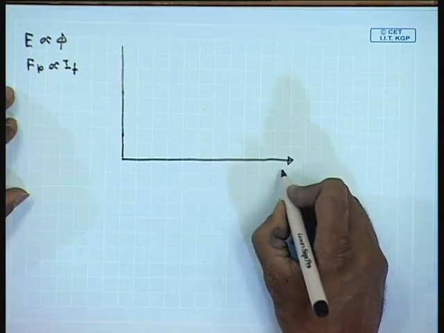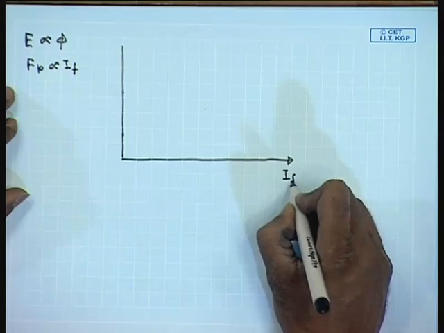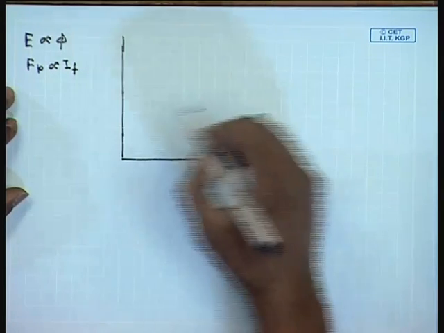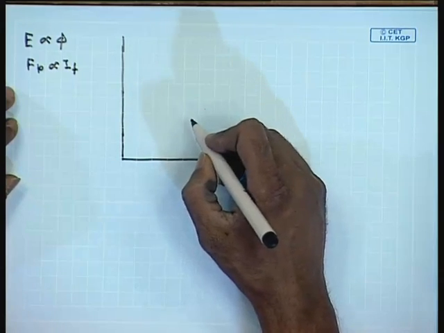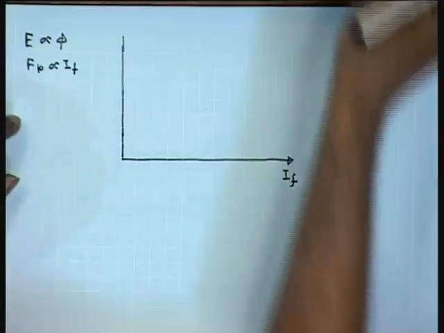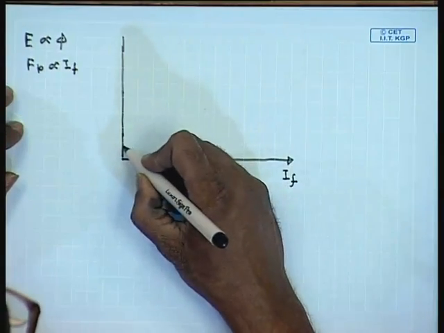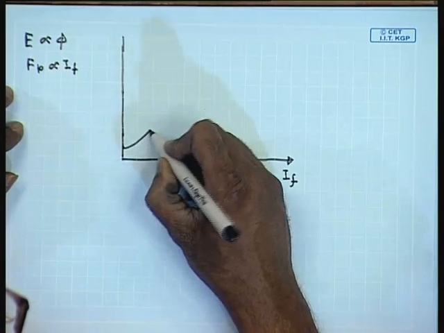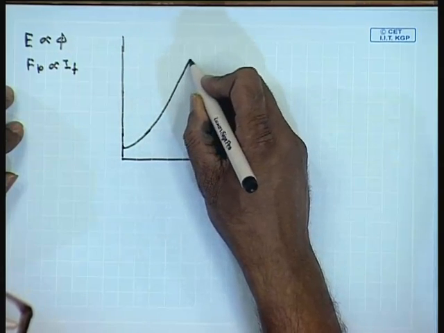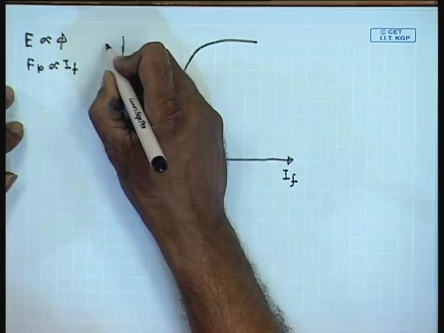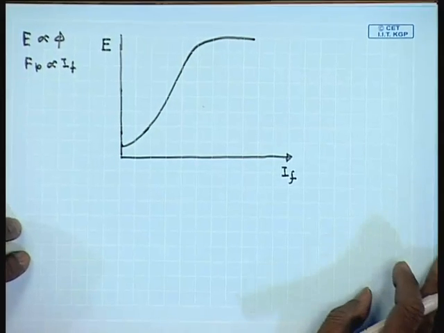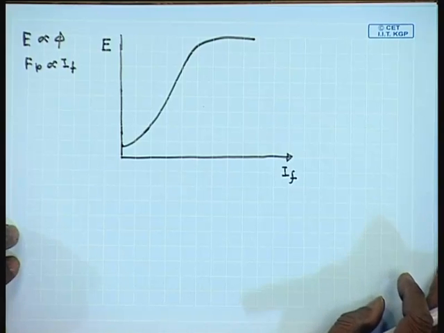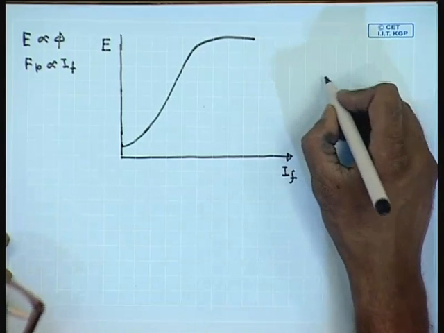It is expected that if the induced voltage of a DC machine is plotted with respect to the field current, it will be similar to the characteristics of phi versus Fp, and operated at constant speed. These characteristics can be experimentally determined for every DC machine and are called the open circuit characteristics.